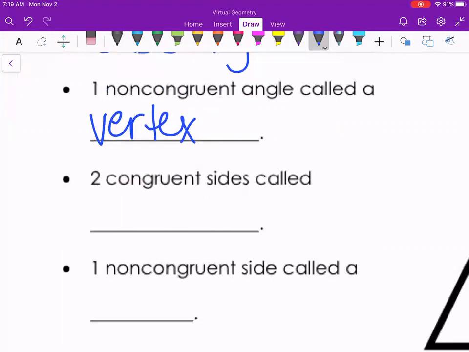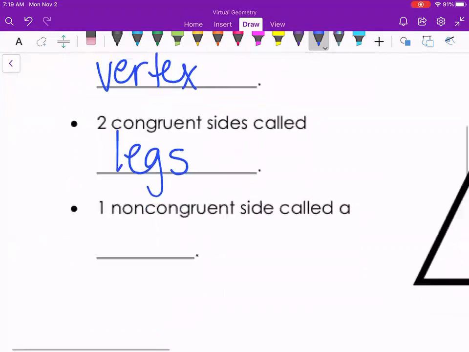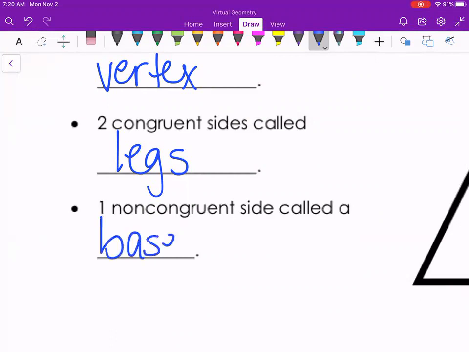Now, those two congruent sides have specific names, and we call those legs. Just like you have two congruent legs, so does the triangle. And then the one non-congruent side, the one side that is different, is called the base of the triangle.